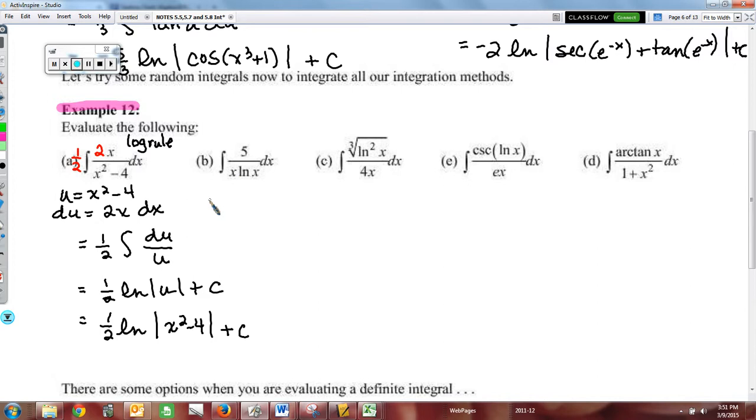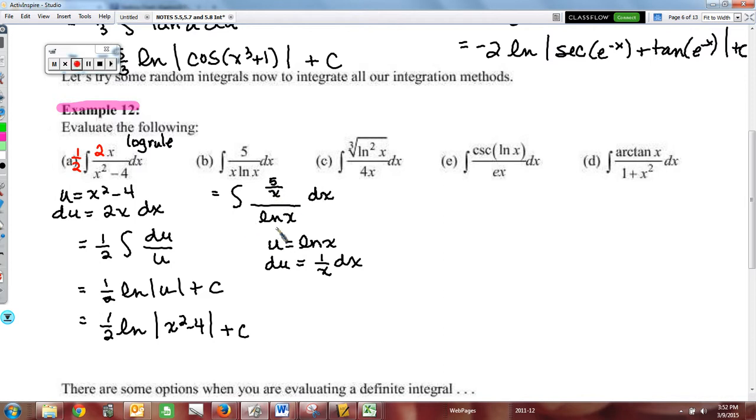What we want to do with this one is take this x and put it up in the top so that I only have the natural log of x in the denominator, because our idea in section 5.7 is that when you do your u substitution, you let your u equal the denominator. Since if I let u equal natural log of x, then my du is 1 over x dx, you can see why I moved the x from the denominator up.